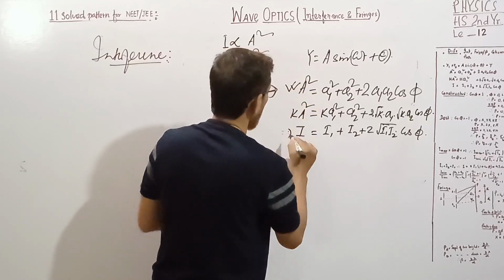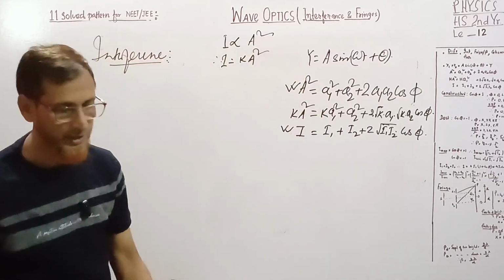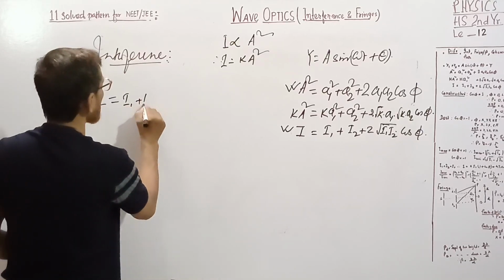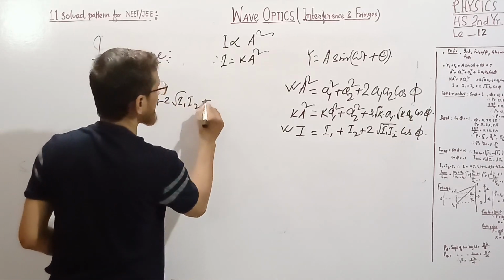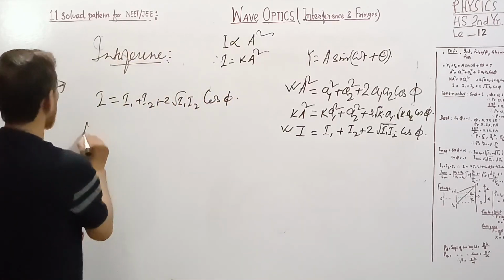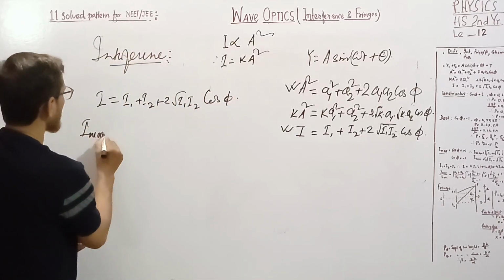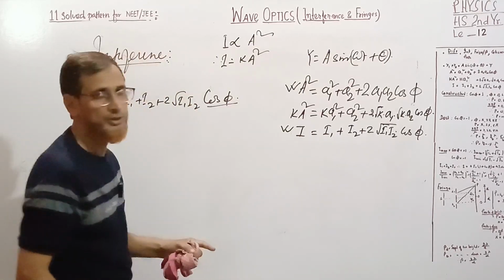So we have got relation one, the intensity relation: I1 plus I2 plus twice root I1 I2 cos phi. If I is maximum, it is very important to follow that cos phi should be equal to 1.